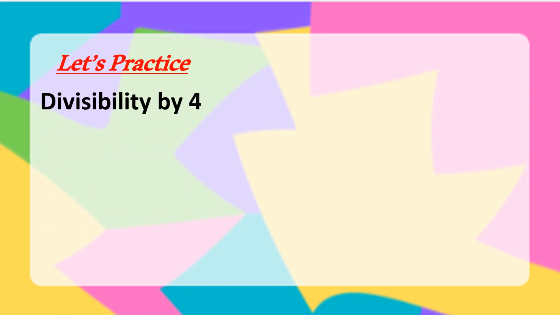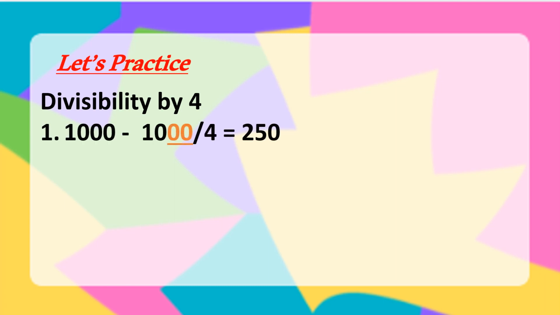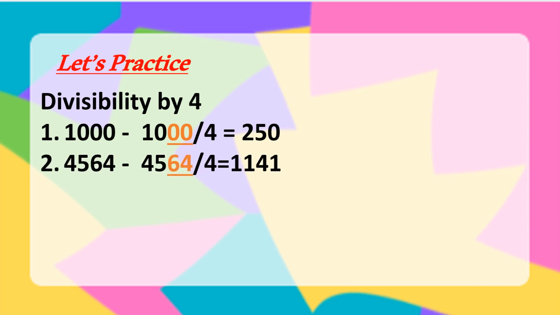Now, let's see if the given is divisible by 4. 1,000 is divisible by 4 since the last two digits end with 00, and that will give you 250. Number 2, 4,564 is also divisible by 4 since the last two digits is 64, and that will give you 1,141.